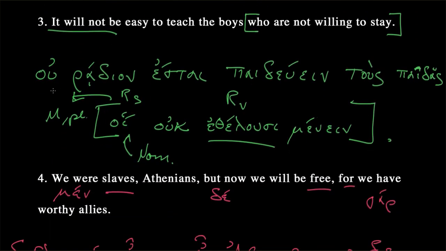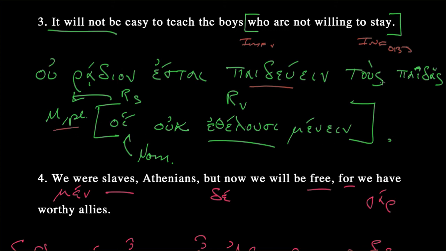So we just modify our old ou radion esti to ou radion estai, now no longer enclitic. Complementary infinitive to teach, direct object of that infinitive phrase. So we might say infinitive verb, and this is infinitive object. It's not easy to teach the children, the boys, male children, who are not willing to stay.